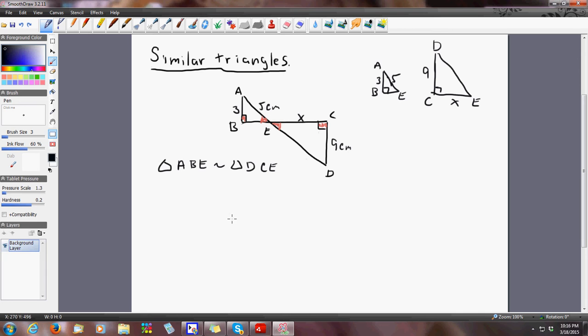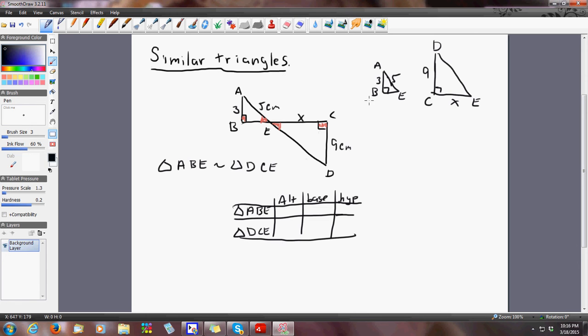I'm going to make up a little chart. I'm going to have triangle ABE and triangle DCE. And I have my altitude, I have my base, and in this instance I have hypotenuse.